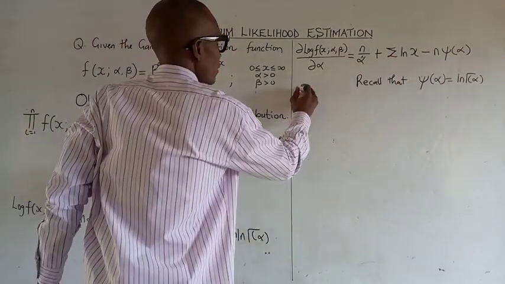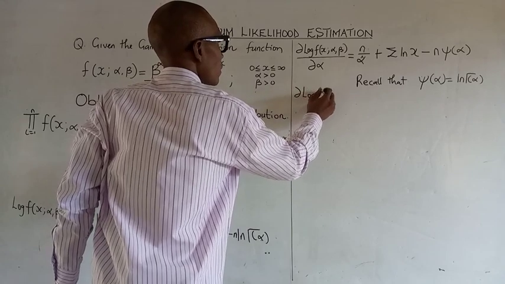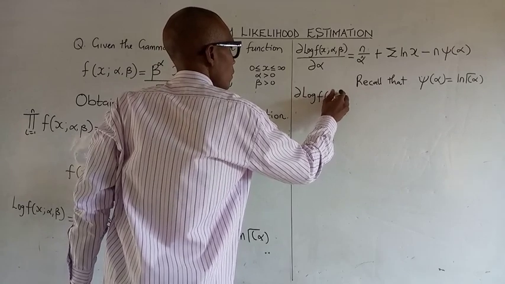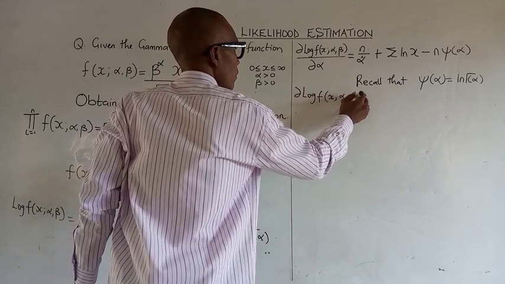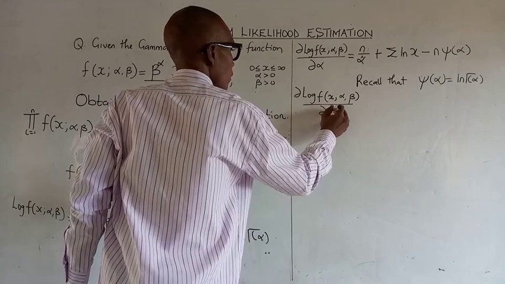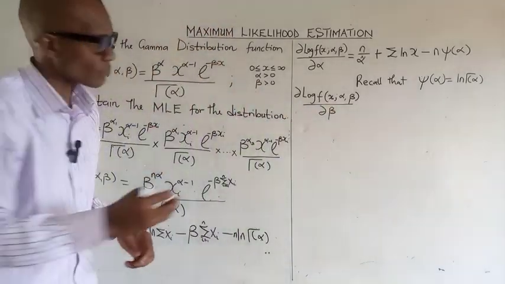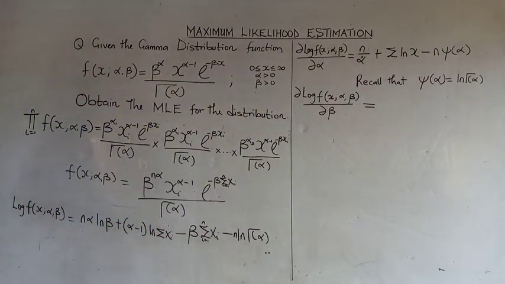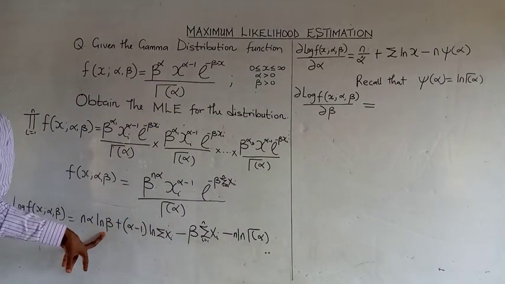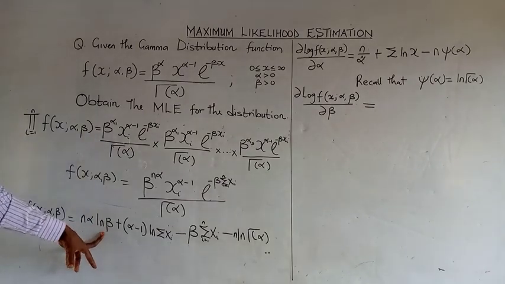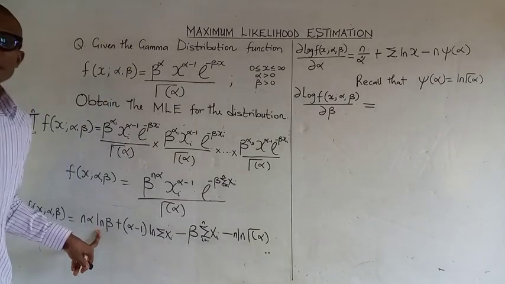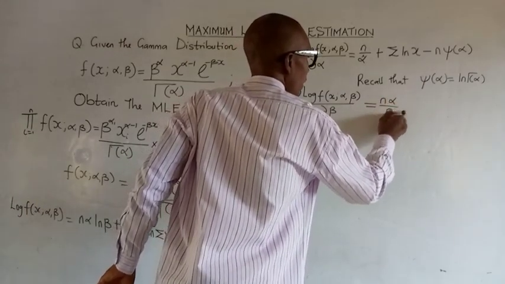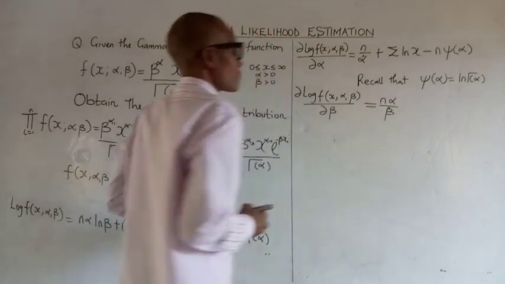So we also take the differential for the beta function. As we are differentiating with respect to b, we first differentiate this, and this will give us n alpha all over the beta estimate.